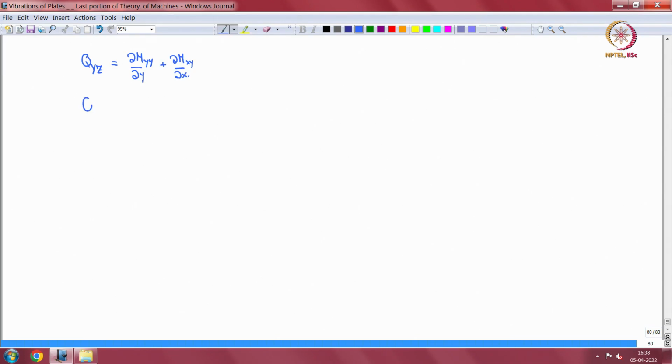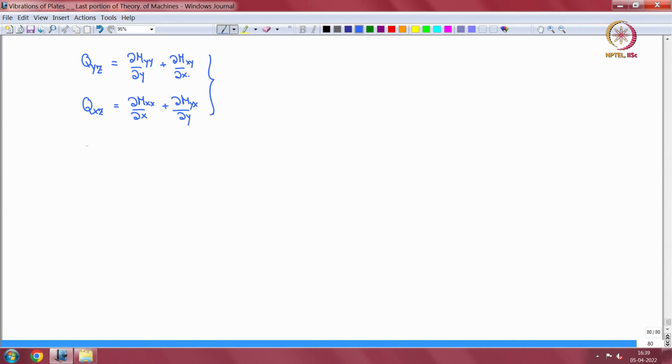Similarly, if you balance moments about the y axis, you get QXZ equal to del MXX by del X plus del MYX by del Y. So these are the two moment balance equations.